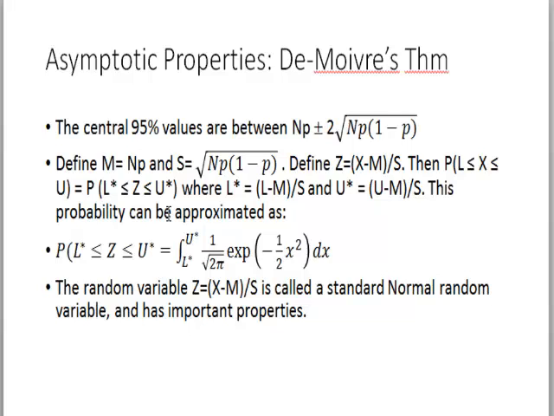It's very important to understand the concept of standardization. Any variable can be standardized by subtracting the mean and dividing by the standard deviation. So I standardize my binomial variable by subtracting the mean and dividing by the standard deviation.